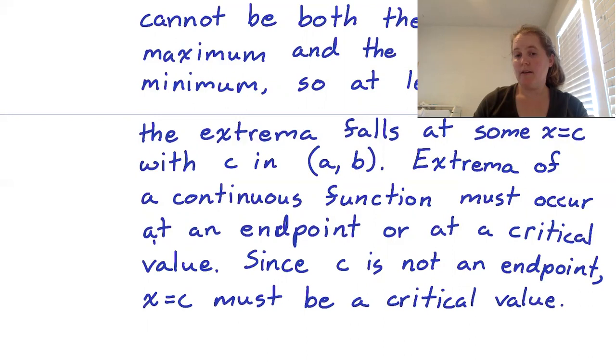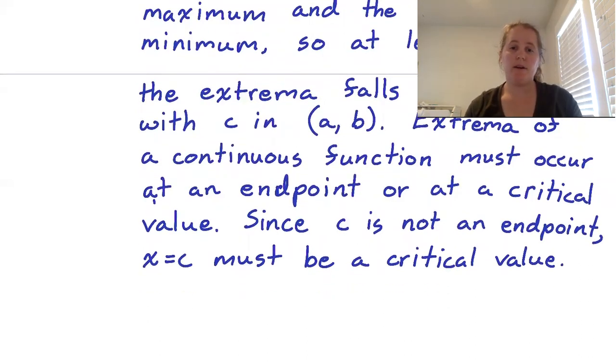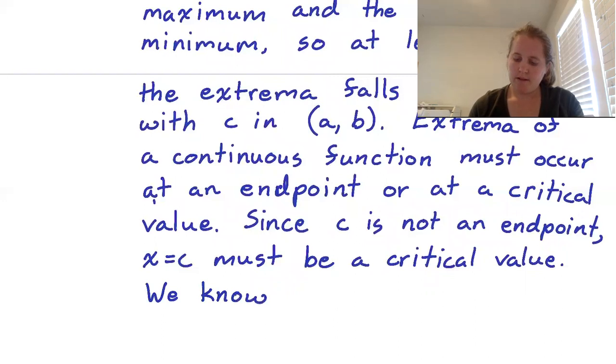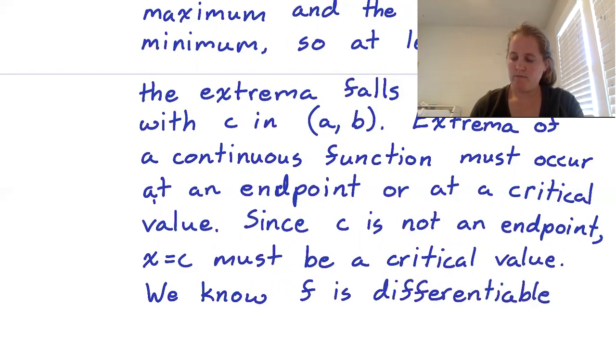And since critical values occur either where f prime is 0 or f prime is undefined, since our function f is differentiable at x equals c, f prime of c must equal 0. So we know that f is differentiable at x equals c.